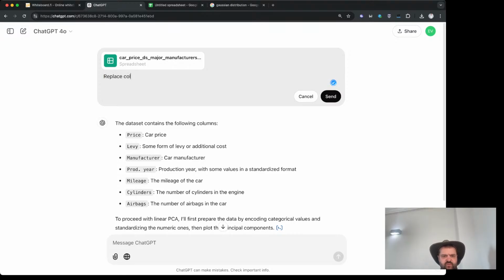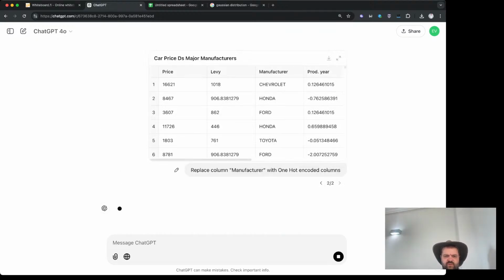Replace column manufacturer with one hot encoded columns. Okay, and then I will definitely download CSV so I don't get this problem again.